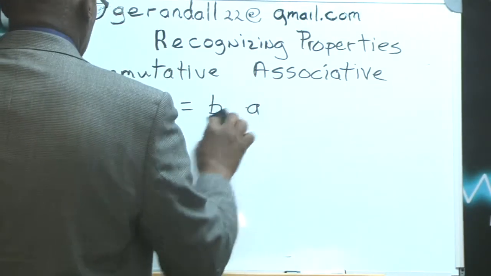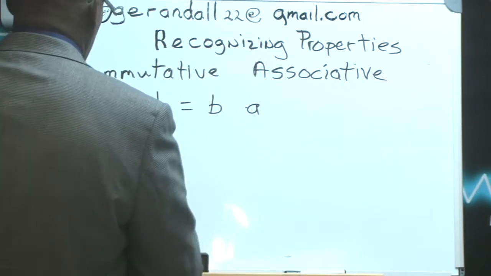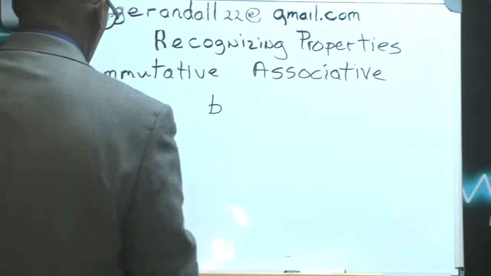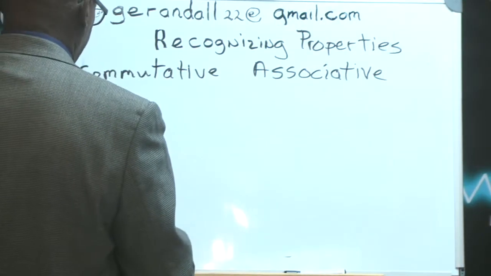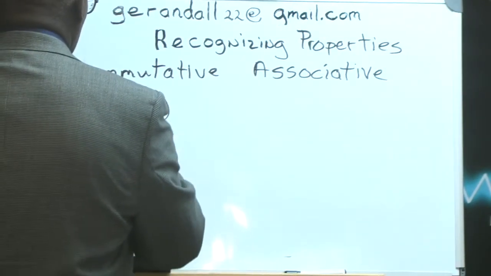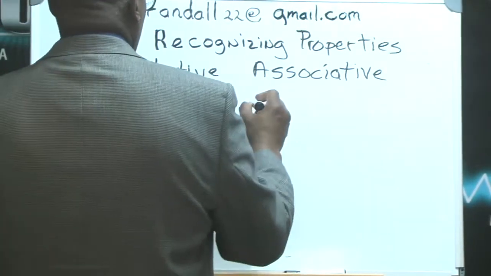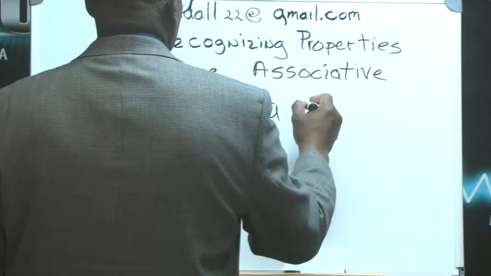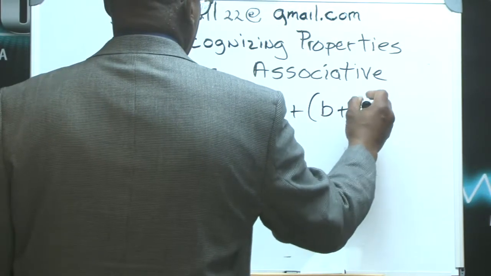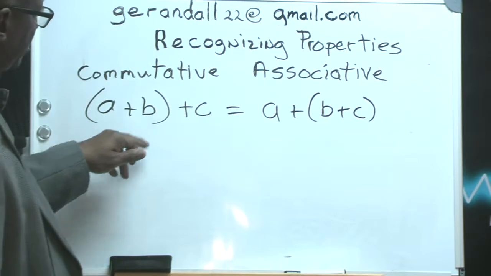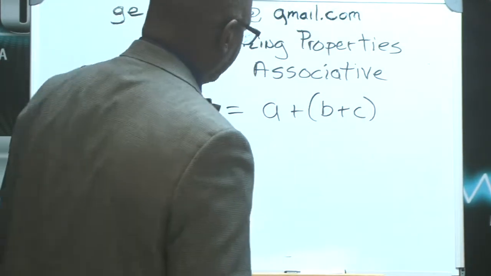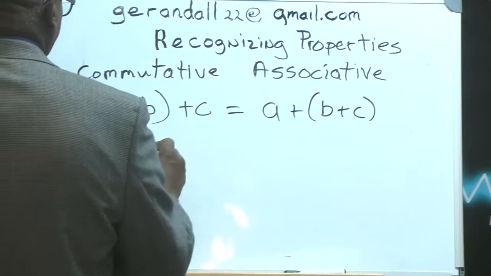And again, we're going to have A plus B plus C equals, so again this reads the quantity A plus B plus C equals A plus the quantity B plus C. And again, we'll use 5, 6, 7.